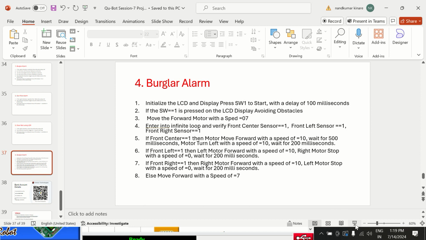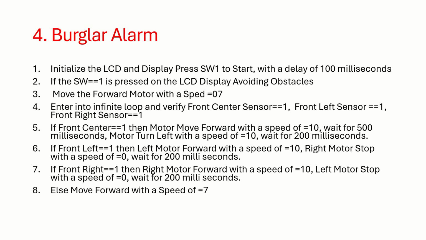The next problem statement, let's define this way. Initialize the LCD and display on LCD, only if switch 1 is pressed, saying start. So you should display switch 1 press and start with a delay of 100 milliseconds.